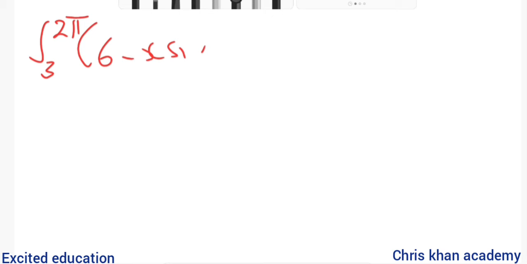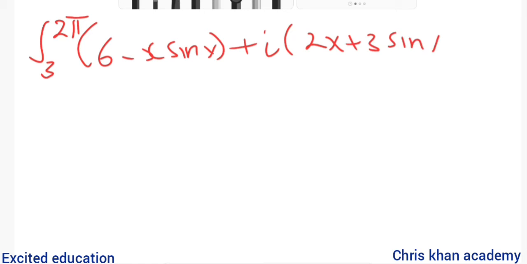Now let us continue to the next stage, the integral of 6 minus x sin x, with the bracket plus i times 2x plus 3 sin x. We put the imaginary parts together on one side and the real parts on the other side.